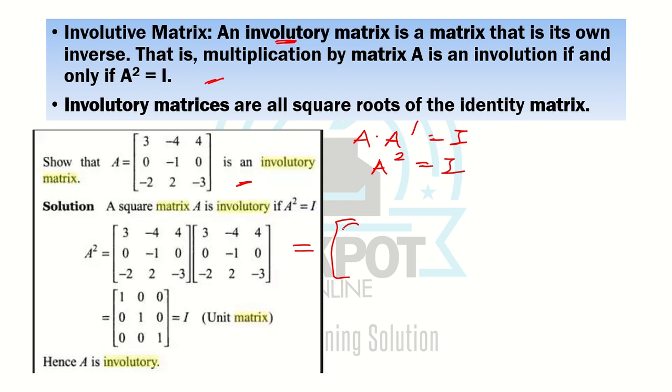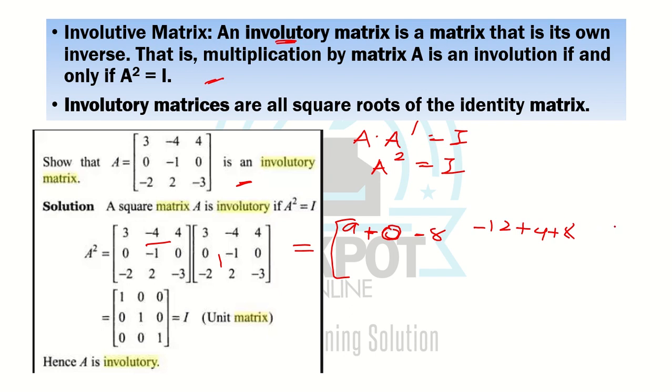So you have 3 into 3, 9, minus 0 plus 0, whatever, it doesn't really matter, minus 8. Okay, that's the first element. Then you have minus 12 plus 4 plus 8.